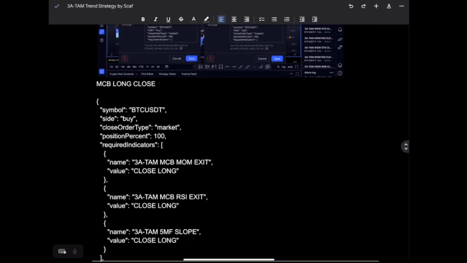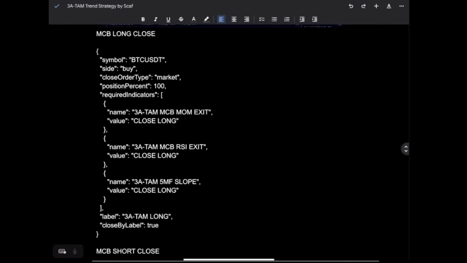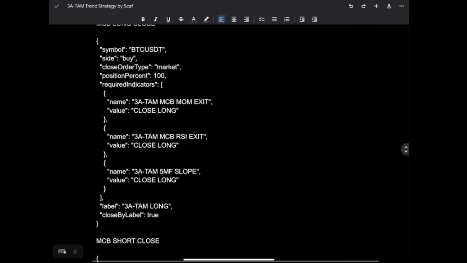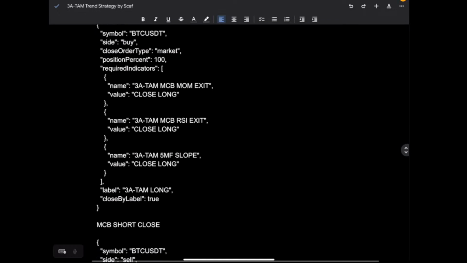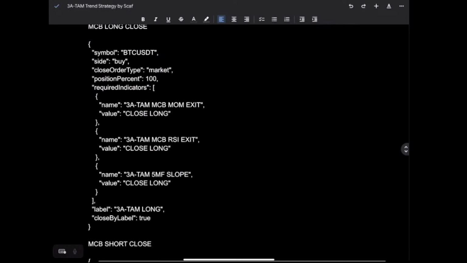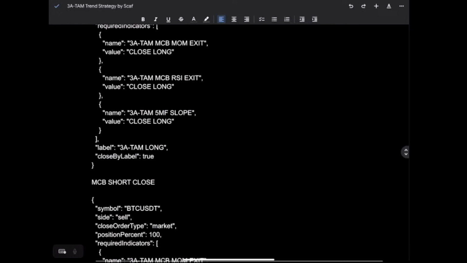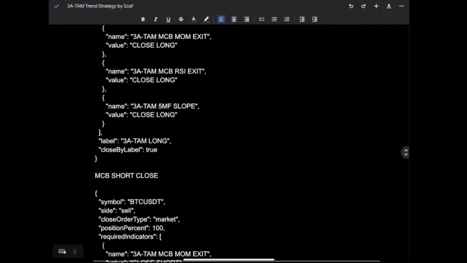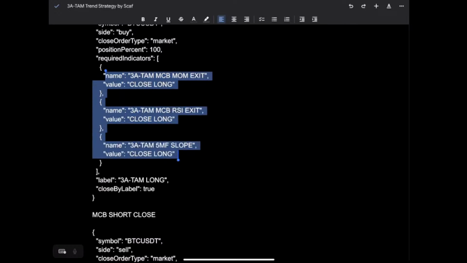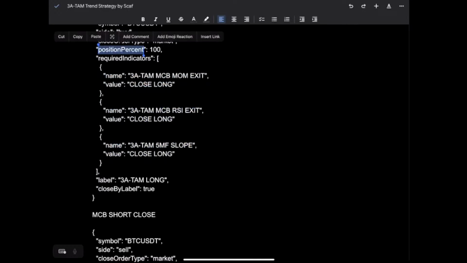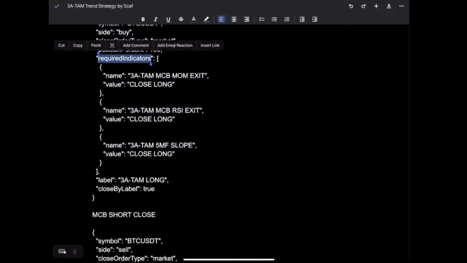Now, if we want to move down to the close signals, it gets even a little more involved, but it's the same logic. So if we're looking down here, and this is my long close, again, I'll just highlight here where my required indicators are.